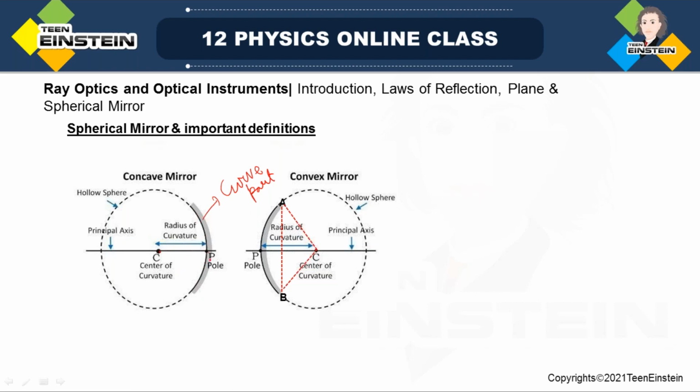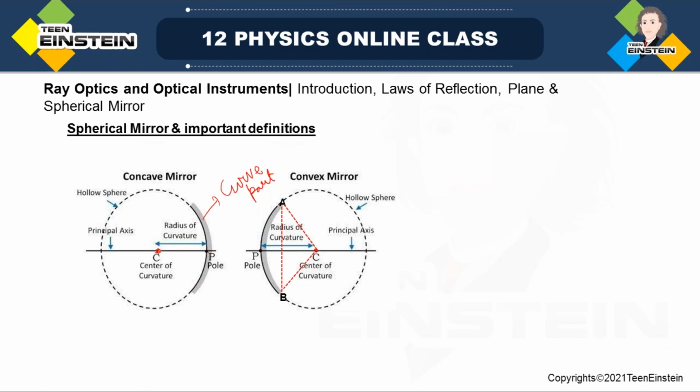The center of that sphere, of which the spherical mirror is a part, is called the center of curvature. So in both cases you look at the center of curvature.